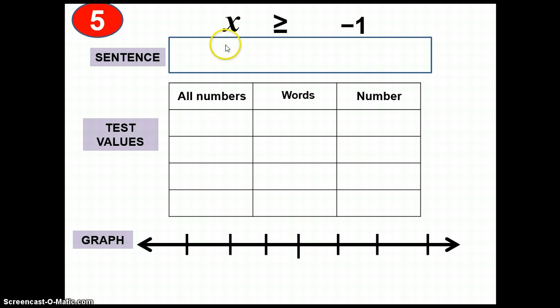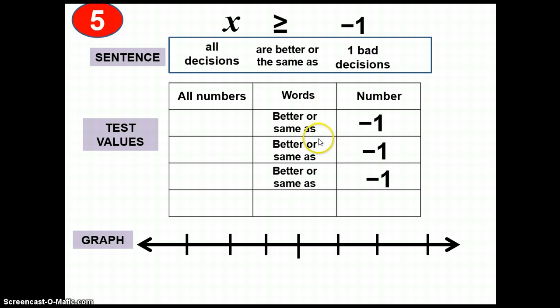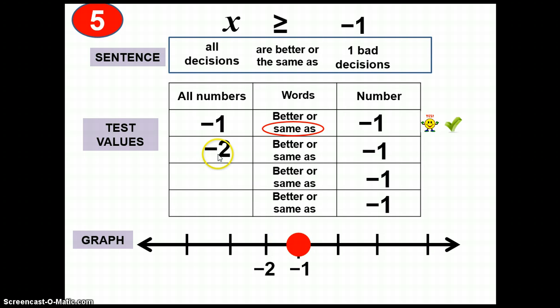Try another one. All decisions that are better than or the same as one bad decision. So we're going to be comparing against one bad decision. Let's say, is -1 better or the same as? The same, right? So we're going to include that. We're going to put a filled-in circle on it. All right, what's another number? Is -2 better or the same?